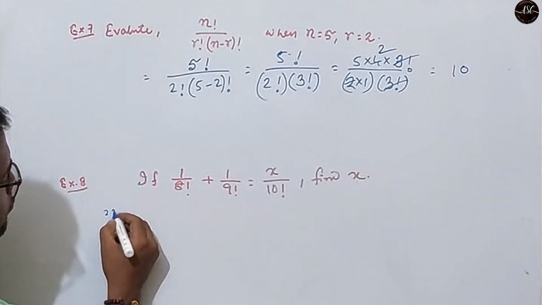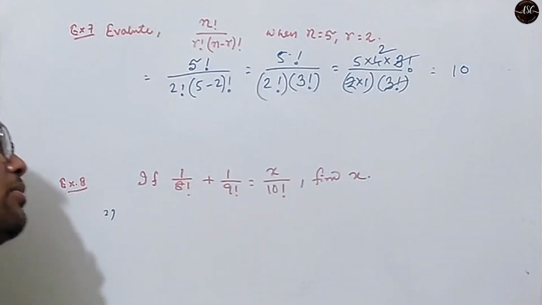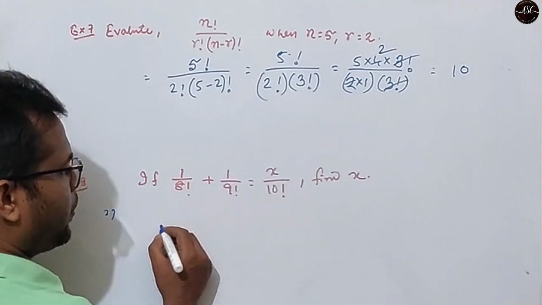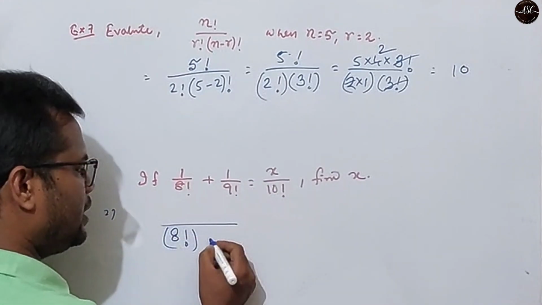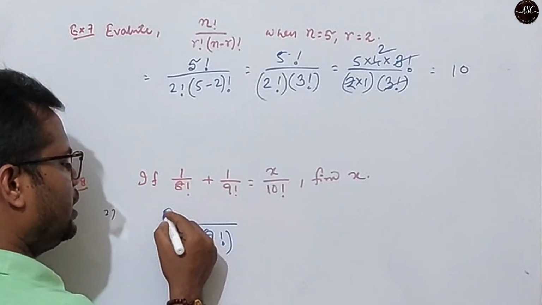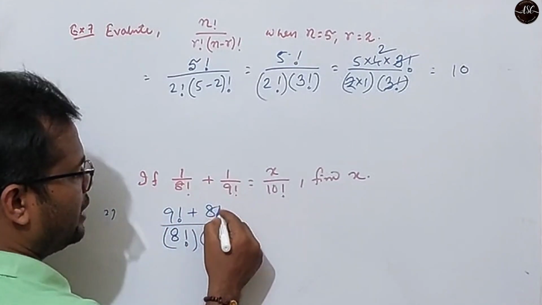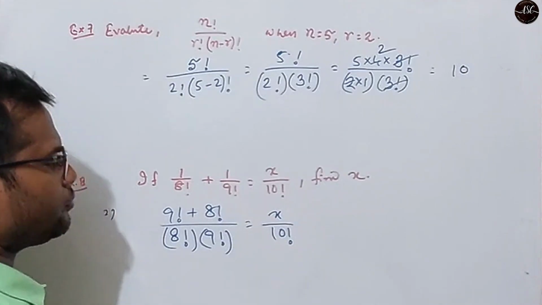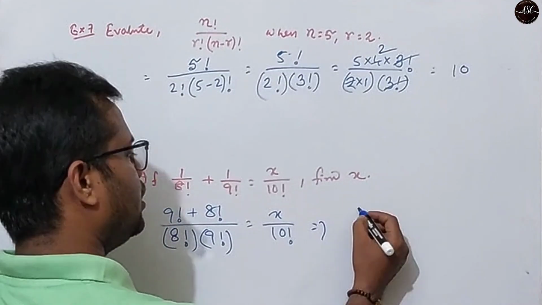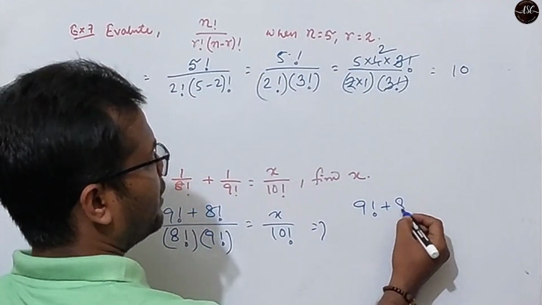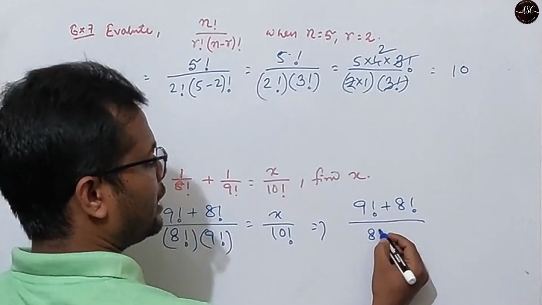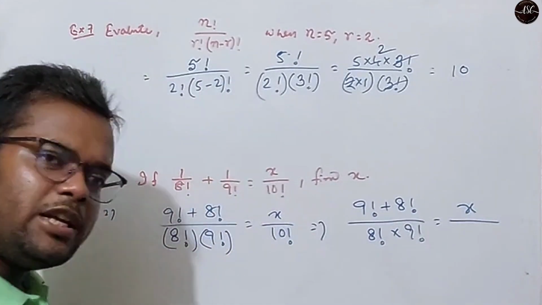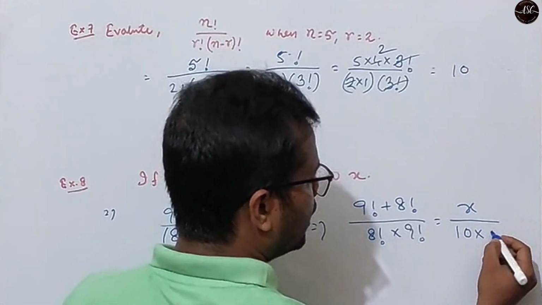Very easy. Now for this: if 1 by 8 factorial plus 1 by 9 factorial equals x by 10 factorial, find x. Taking the LCM, we get 8 factorial into 9 factorial in the denominator and 9 factorial plus 8 factorial in the numerator, equal to x by 10 factorial. Now x by 10 factorial can be written as x by 10 into 9 factorial.